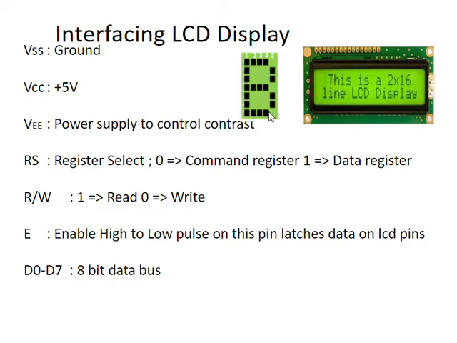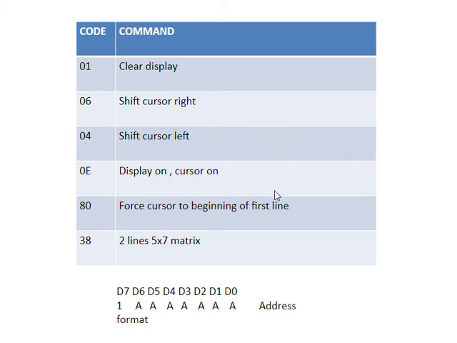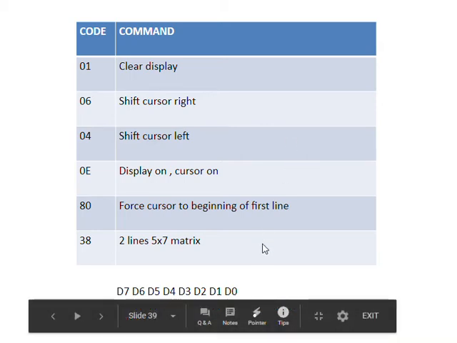So if you give the command 38 to the LCD, it will become a two-line display, and each character in the display will be represented by a 5 cross 7 matrix. That is, there will be 5 cross 7 black boxes which can be used to display a particular character. So these are the commands that we will need to program our LCD display.